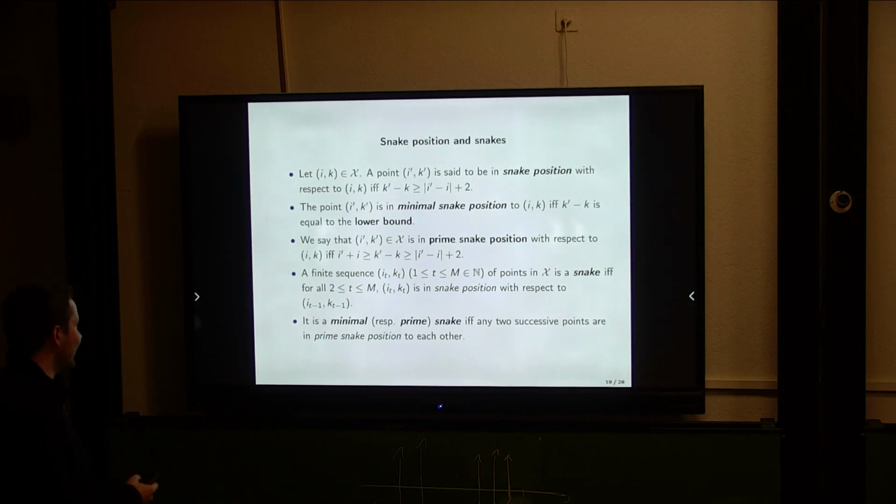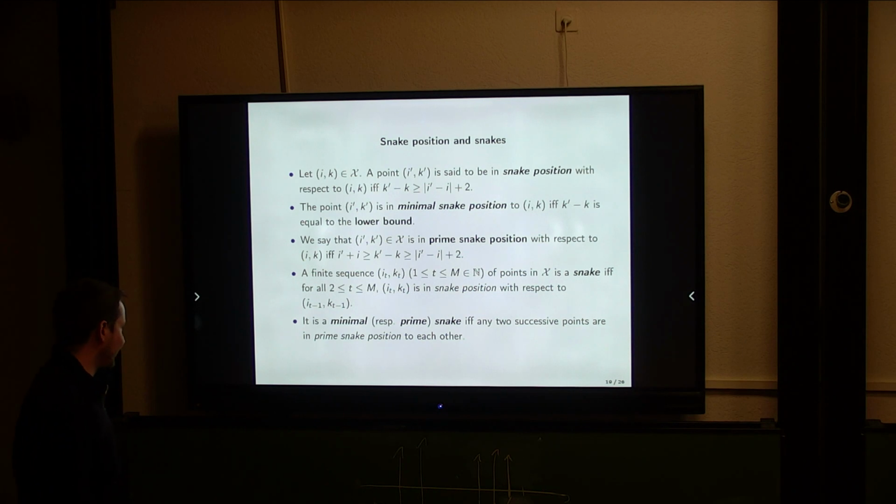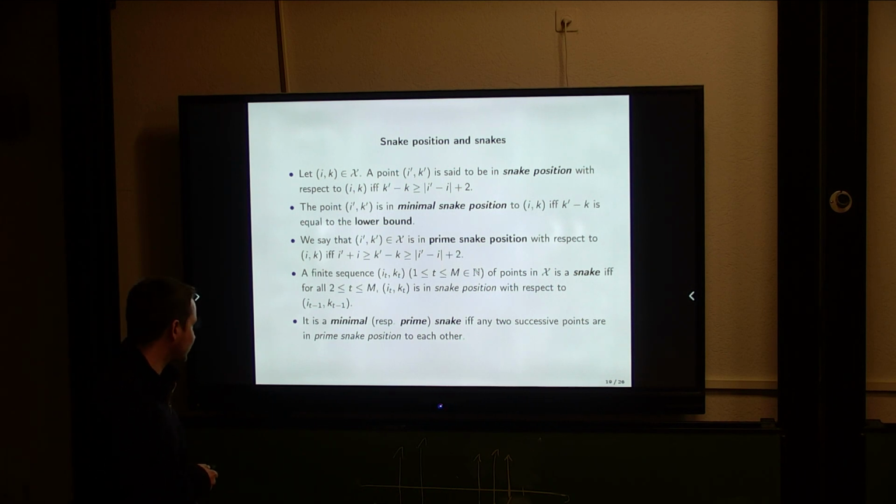Okay. So the point (i',k') is in minimal snake position if it is the lower bound, and the point (i',k') is in prime snake position if it is between |i' minus i| and |i' minus i| plus 2. Okay.